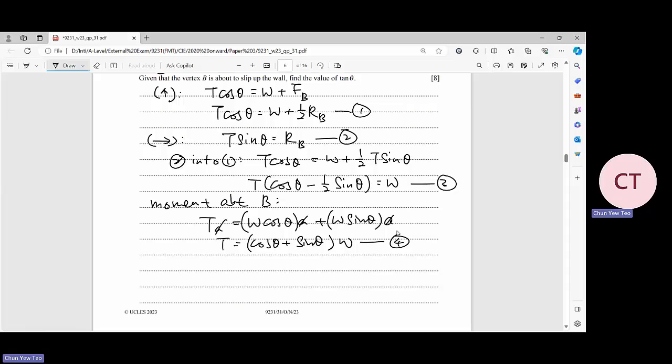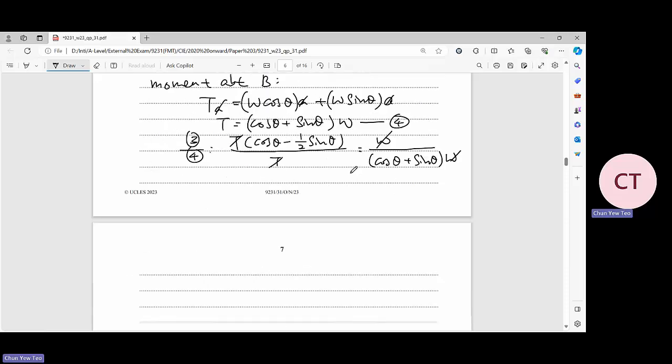We are looking for tangent theta. We do not want to find D and we do not want to find W at the moment. So from these 2 equations, the easiest way to find theta is to take equation number 3 divided by equation number 4. Then you will have T cos theta minus half sin theta, divided by T, is equal to W divided by cos theta plus sin theta W. So the W can cancel, the T can be cancelled.